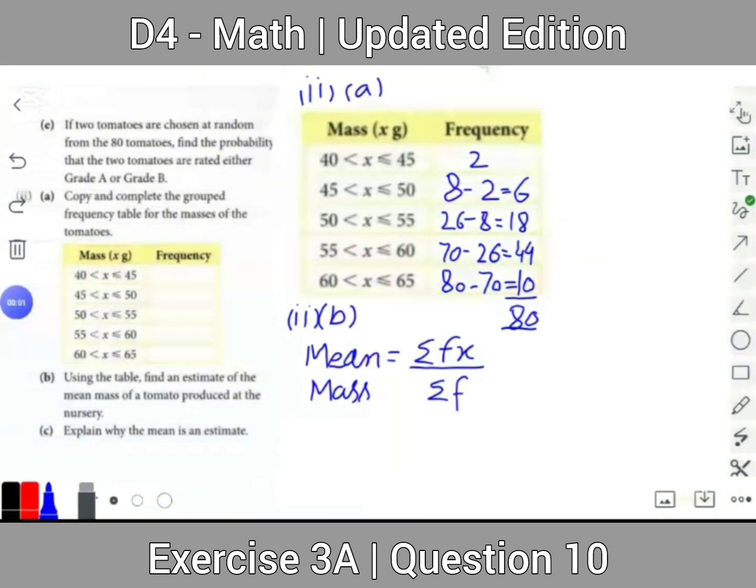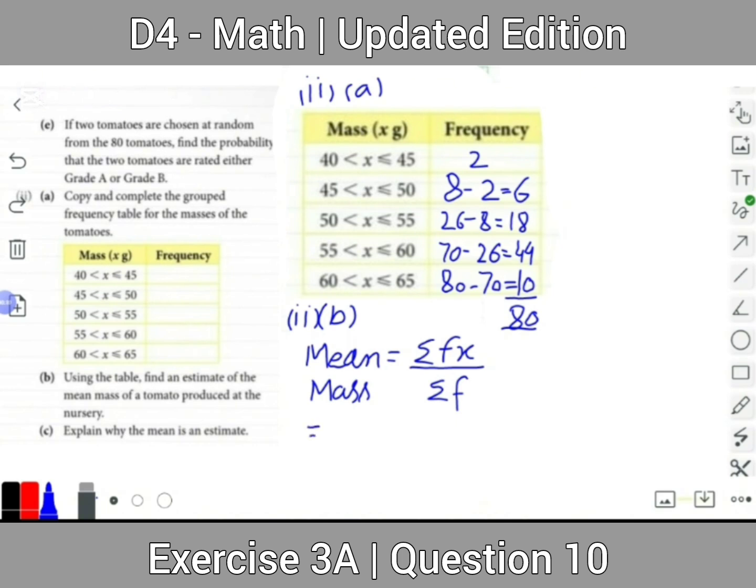Here we will multiply the respective frequencies with the mid values that we have found.